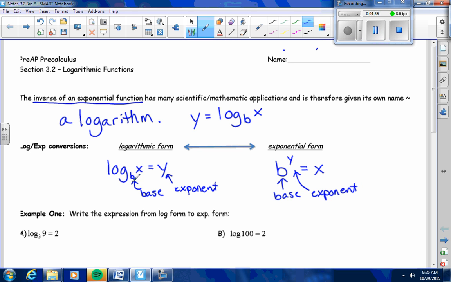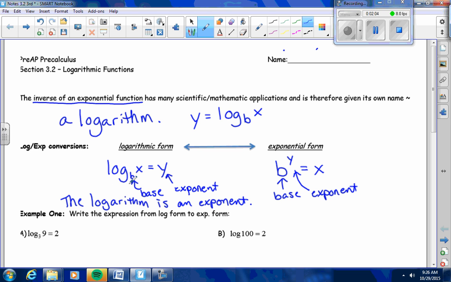So if you have logarithmic form and you're solving it, you're solving for an exponent. The logarithm is an exponent. Log base b of x equals y. Y represents the exponent of the exponential form. That's what we would be solving for.